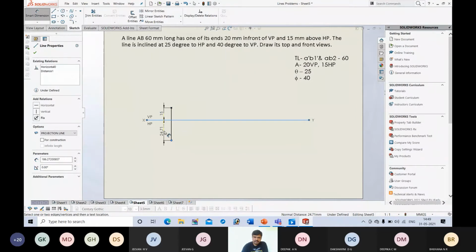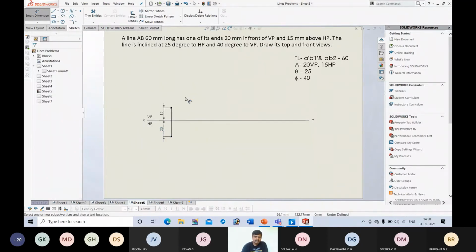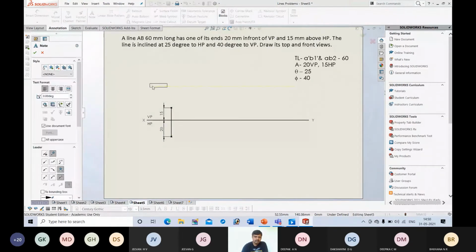And this should be 20. Then I will name the views. So this is a front view, A dash. And this is a top view, so just lowercase a.